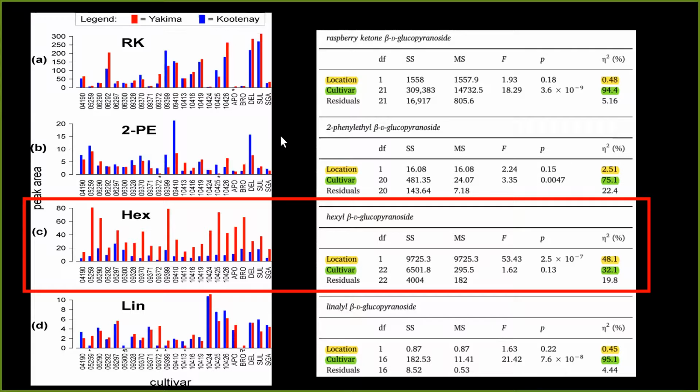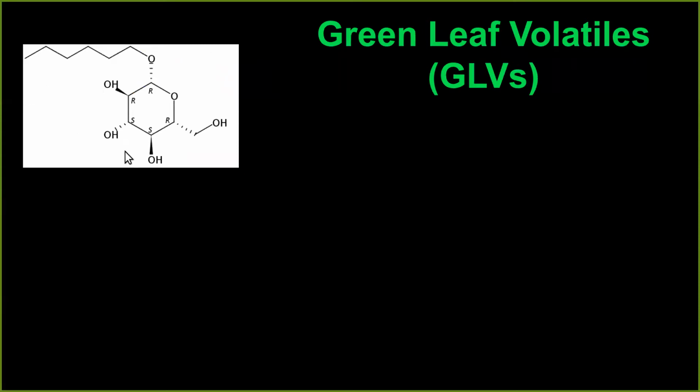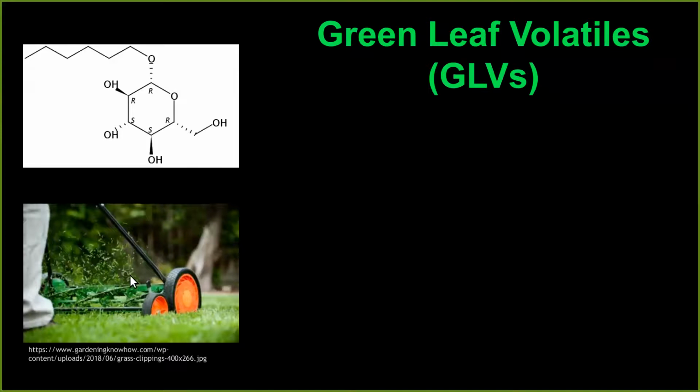What does this mean? So looking at this compound, the hexoglucoside, the aglycone part, or the volatile part by itself, is 1-hexanol, and it belongs to a class of compounds called green leaf volatiles. So these are the compounds that are released when a plant is cut or damaged, and they contribute to that fresh cut grass smell.